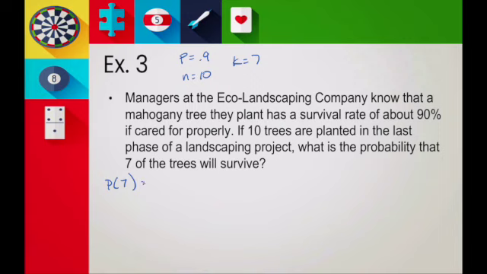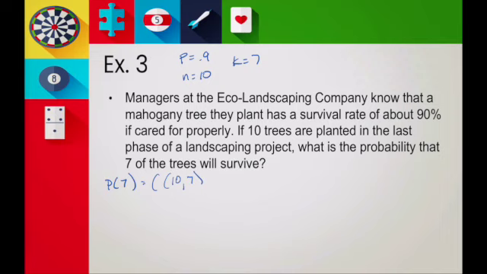So our probability that exactly 7 trees survive is going to be combination 10 choose 7, right? All the different groups of 7 trees out of 10.